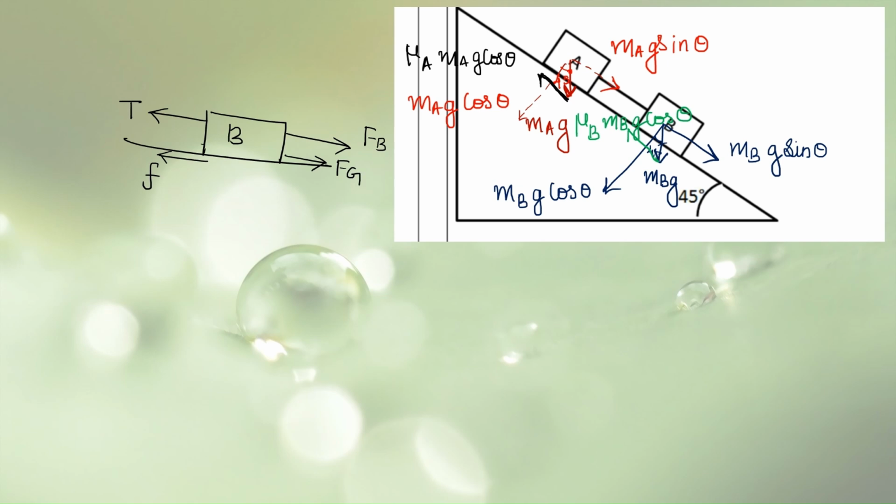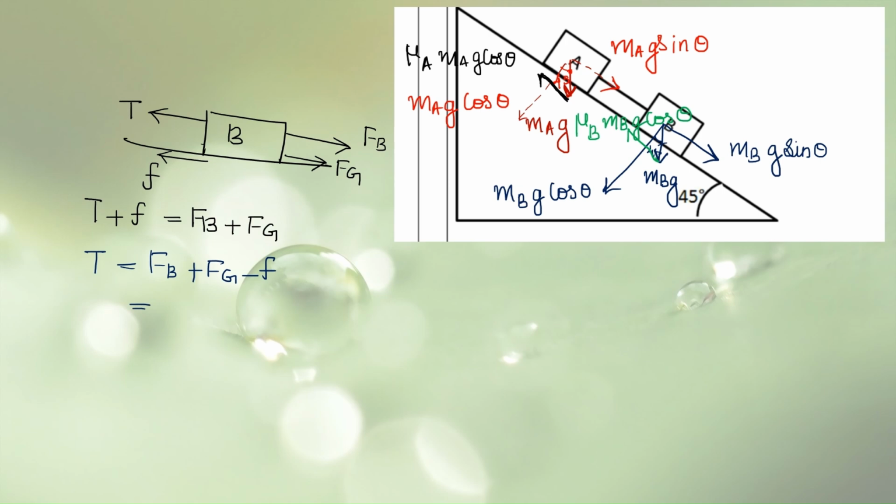Okay, so we can write tension plus frictional force is equal to force due to acceleration plus force due to weight. Okay, and we know that tension is equal to Fb plus Fg minus frictional force.